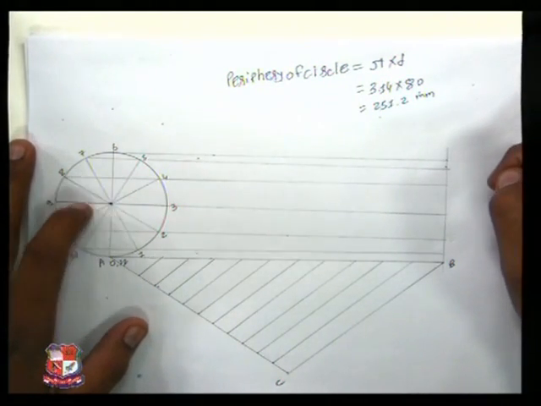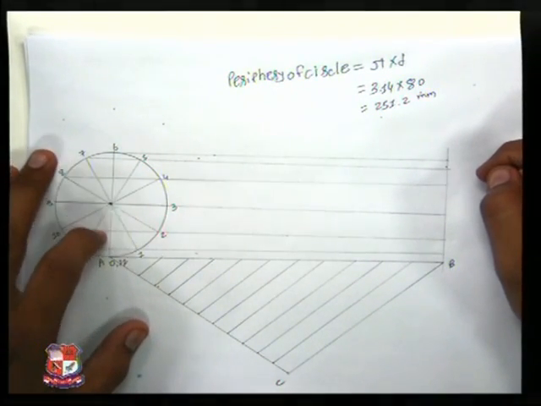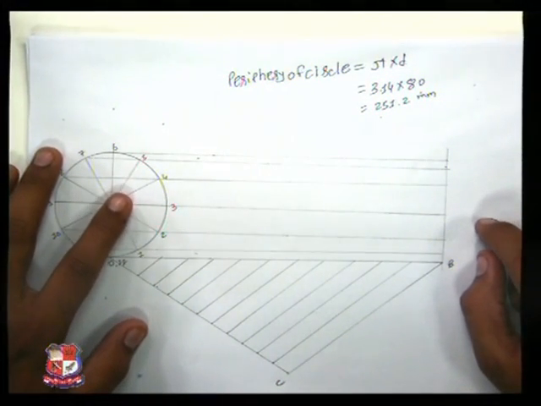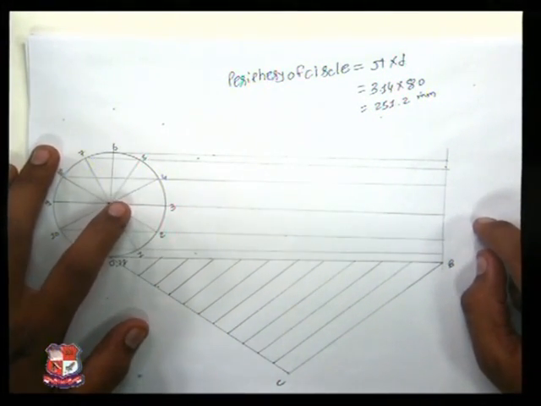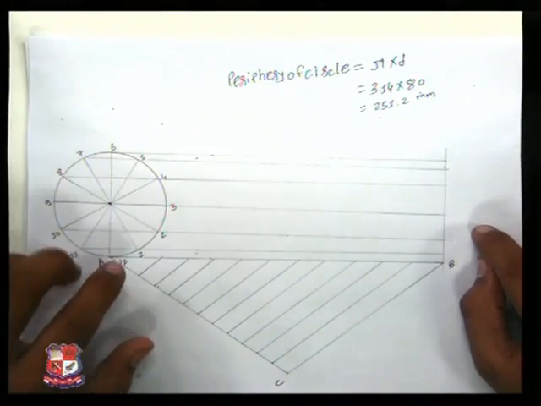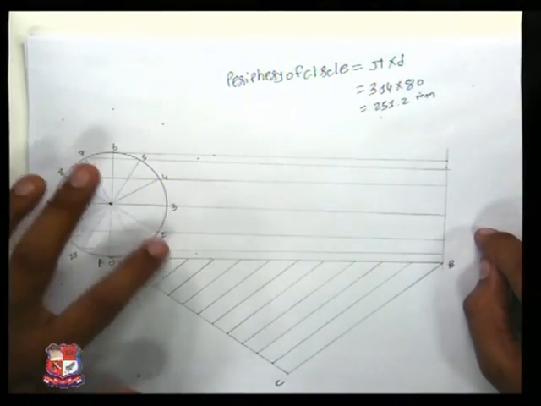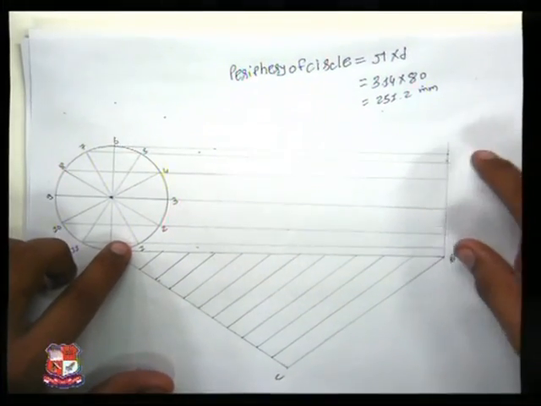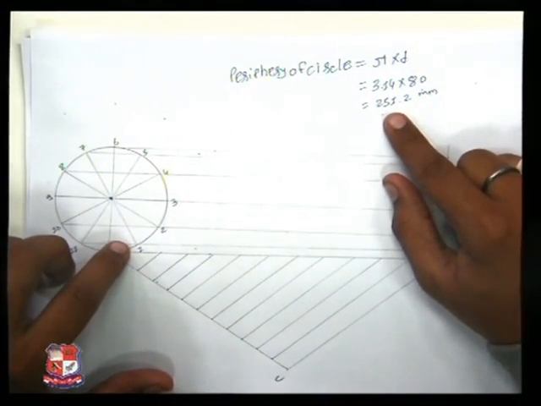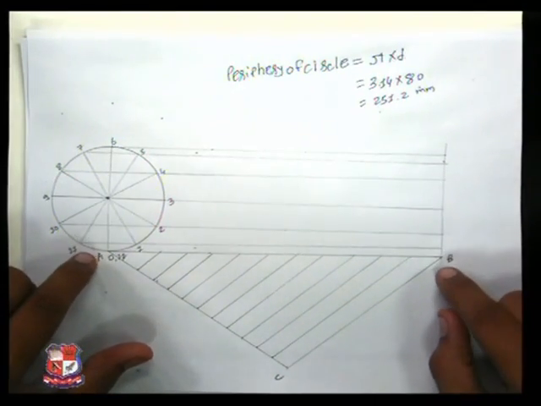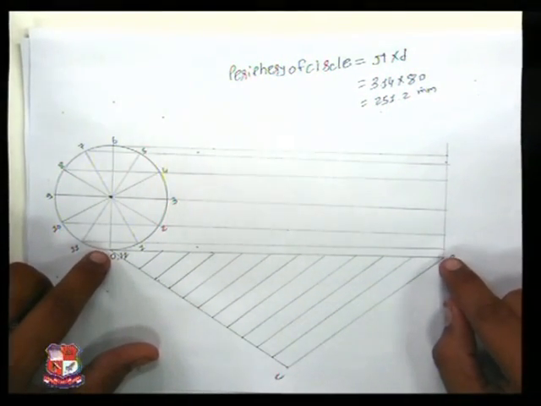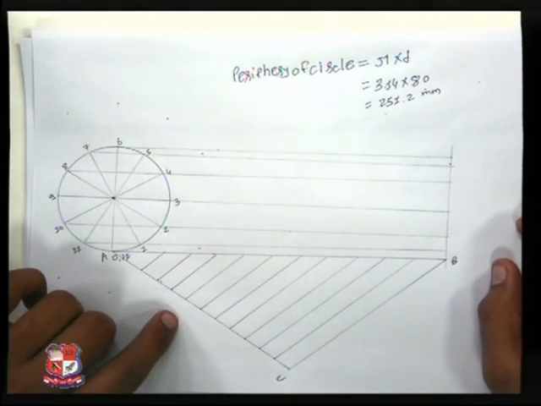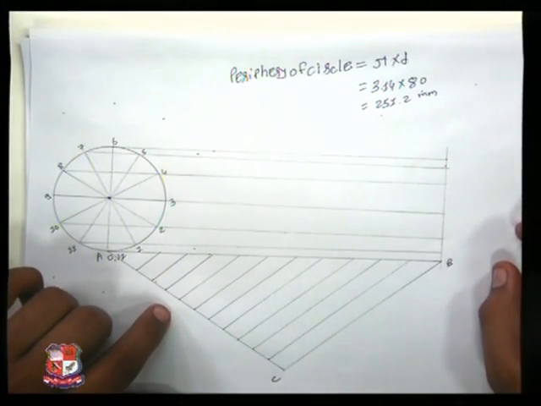Now, what is a cycloid? A cycloid is the path traced by a circle during one revolution. We have divided this circle into 12 equal parts and got the periphery 251.2, which we need to divide into 12 equal parts. So using the line division method I have divided this line into 12 equal parts.